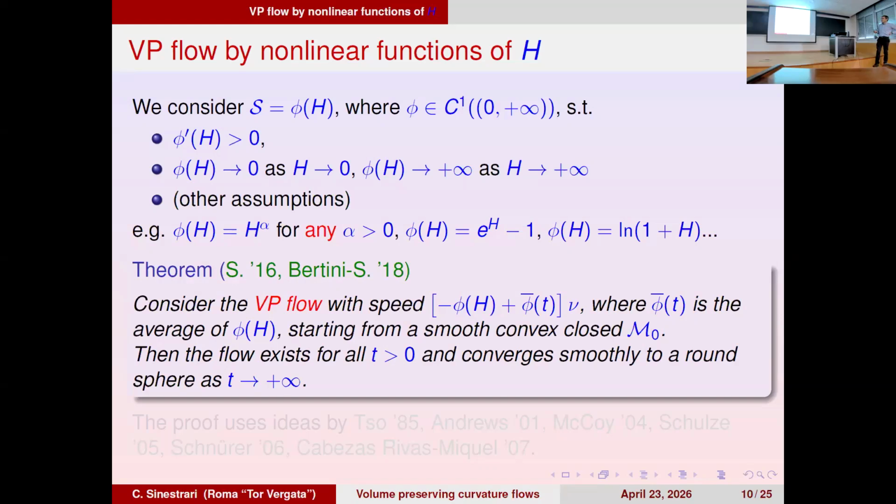We consider the volume preserving flow, so we consider that the local speed is given pointwise by this nonlinear function of H, plus this non-local term only depending on t, where phi bar is the average of the speed, like in the other cases. Then we have the result we expect. We hope for a global existence, no singularity, and a smooth convergence to a round sphere.